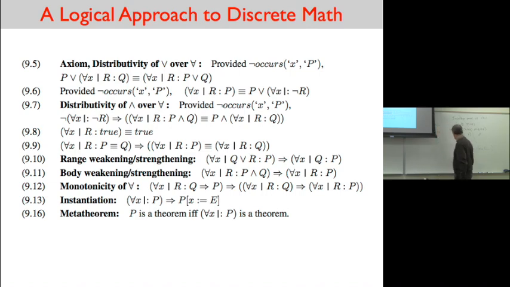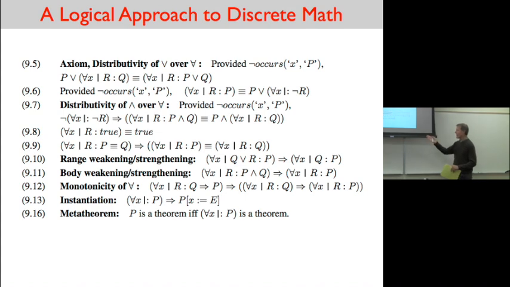Okay. Now, the next one that I would like to talk about is 9.16. I'll give you a note about 9.16, to see if we can get some insight into what it means. What 9.16 says is that P is a theorem if and only if, for all x, range true, P is a theorem.